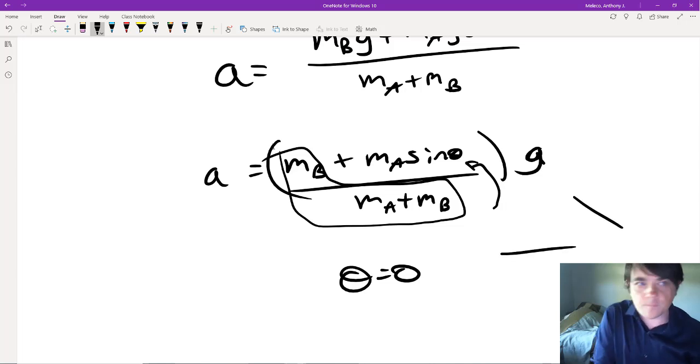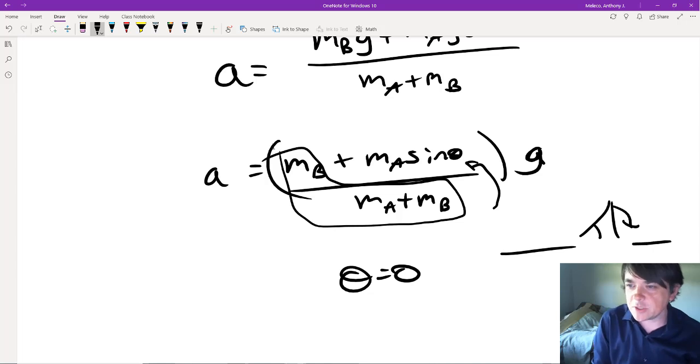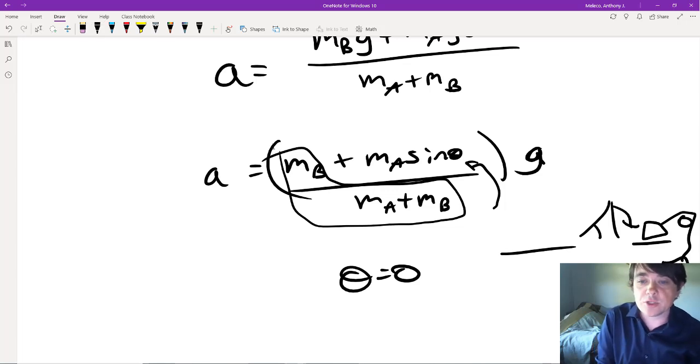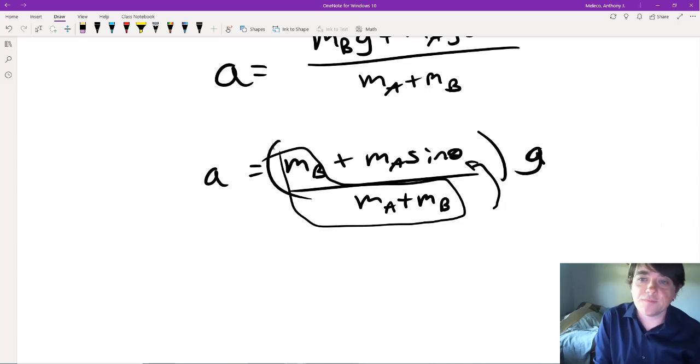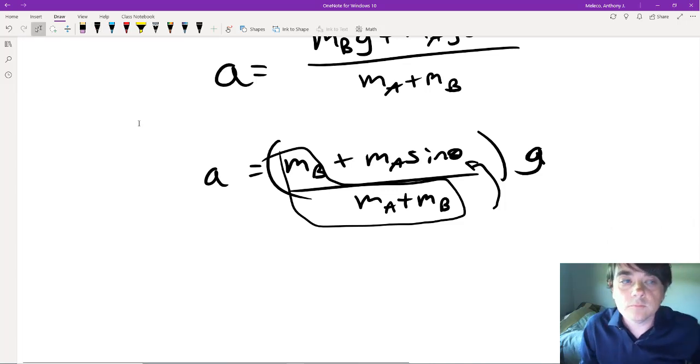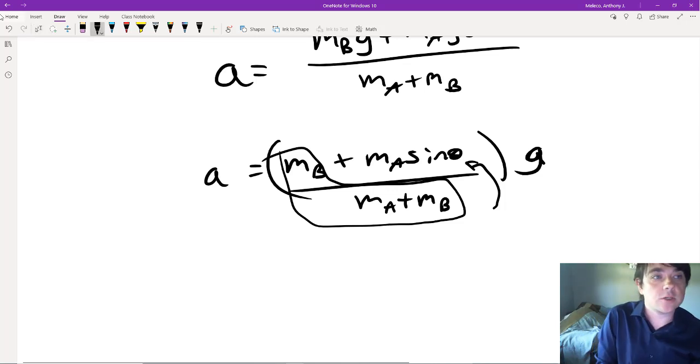So if we bring that incline back down, we just get a table again, which is kind of what our solution shows us. Okay, so that's great. It shows that it works because sine of 0 is 0. So good work. Our equation actually works.